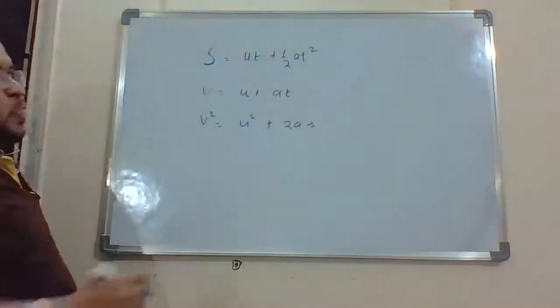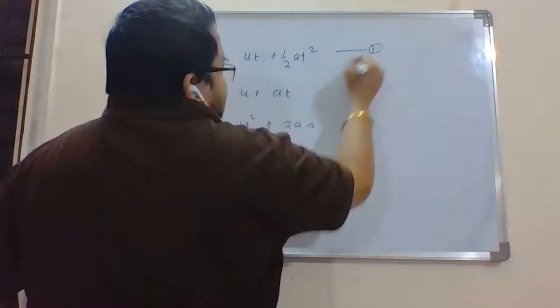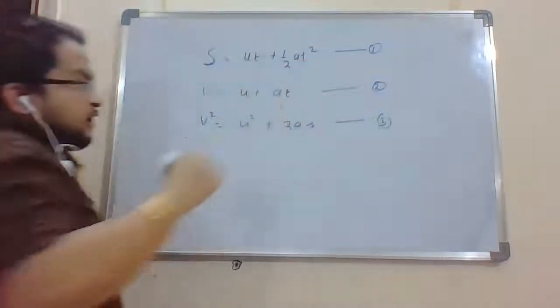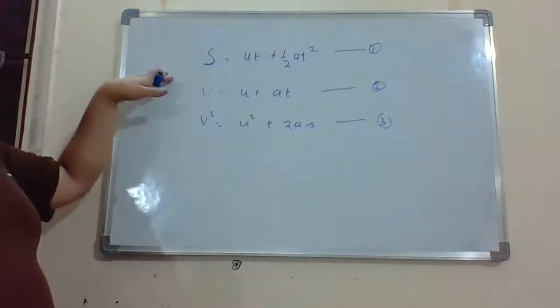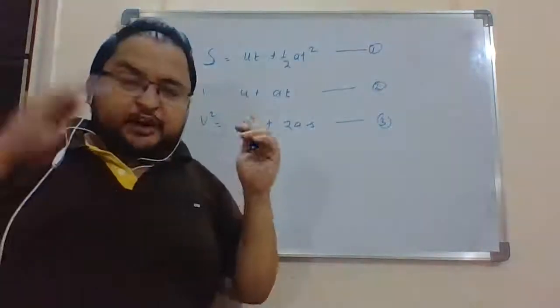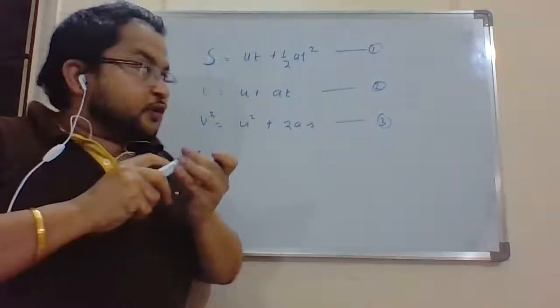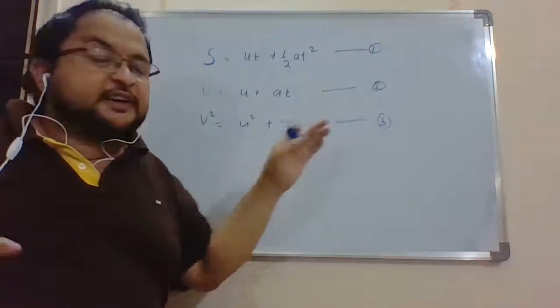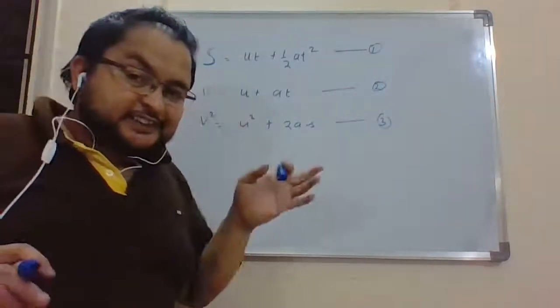These three kinematics equations, we would see a different way of deducing them, using either the graphical method or differential calculus, derivatives and integration. We would see them in the next session.